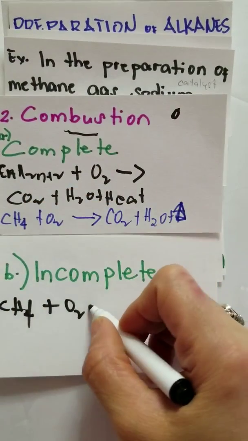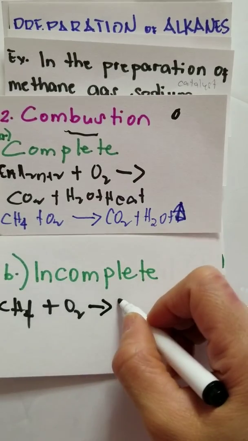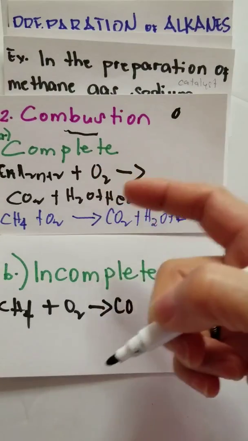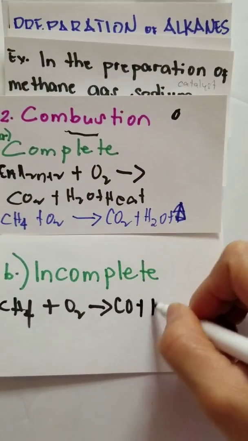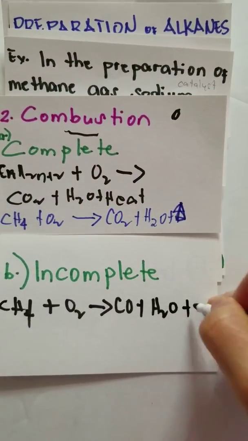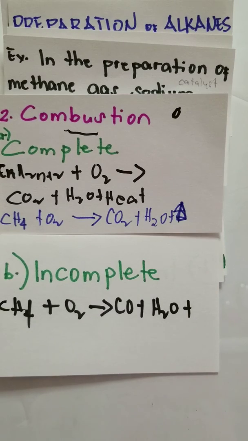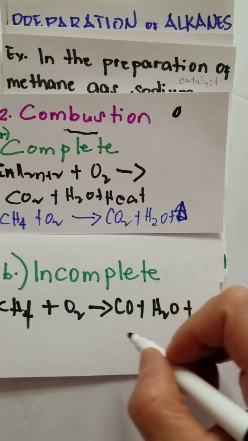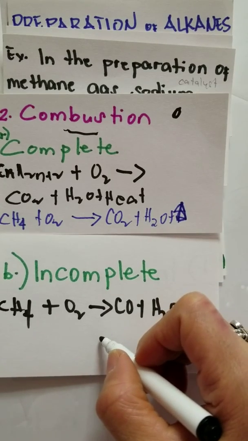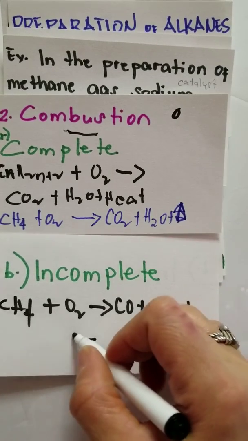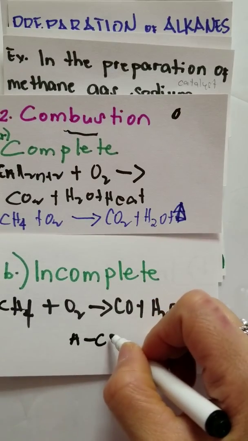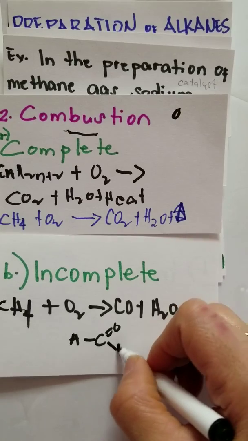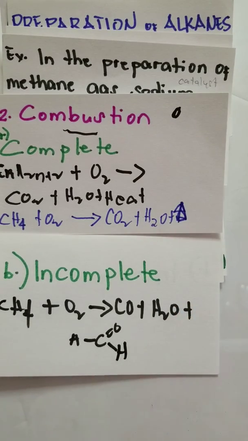Now for the incomplete, it is carbon monoxide, plus the same thing, water. And what are the other products? You have an acid. This is the structural formula I can give you: COOH plus water.